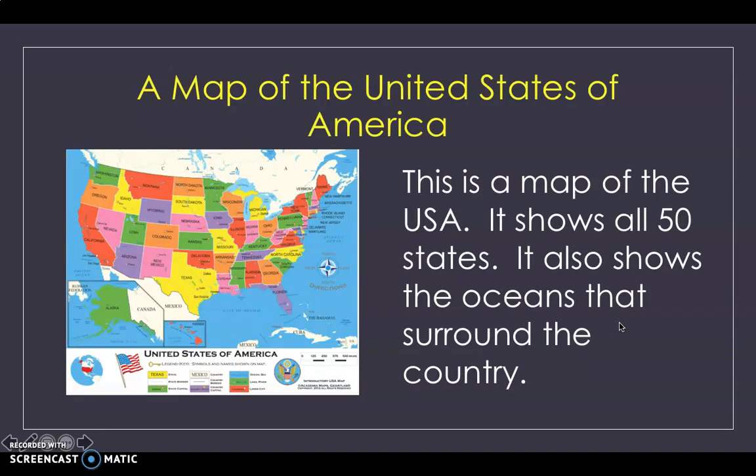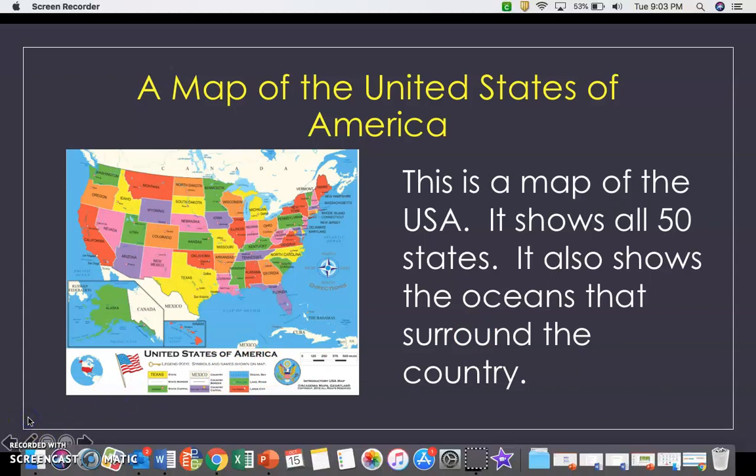The next map is a map of the United States of America. That's our country. And in this map, it shows all 50 states. It also shows the oceans that surround the country. So some of the oceans that surround our country, I see over here, it's an ocean because it's blue, and that's the Atlantic Ocean, which surrounds us in Florida.